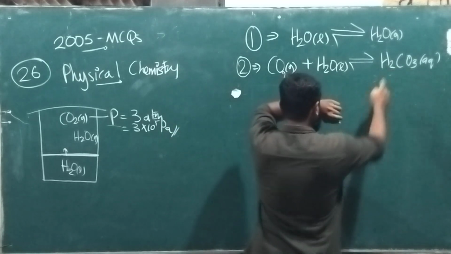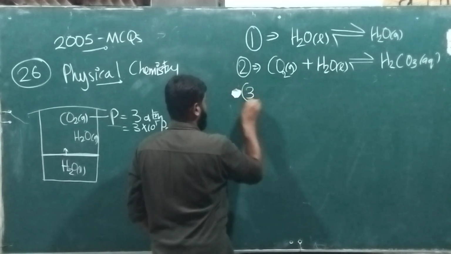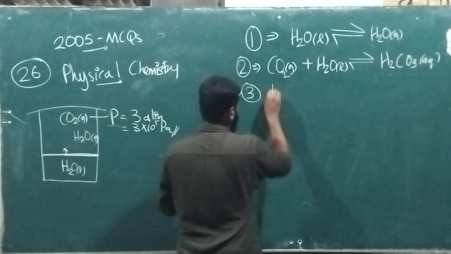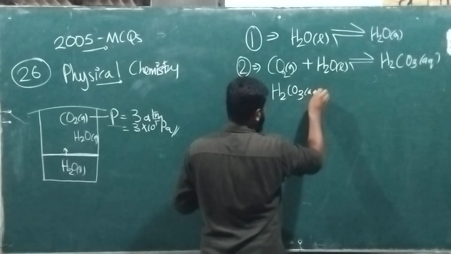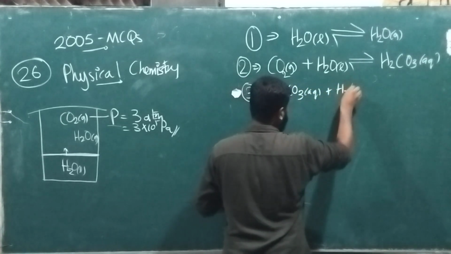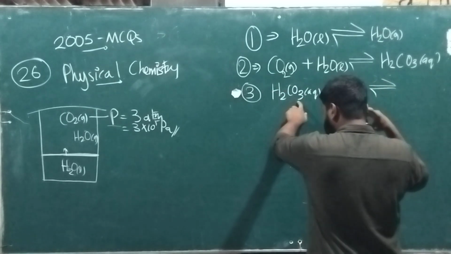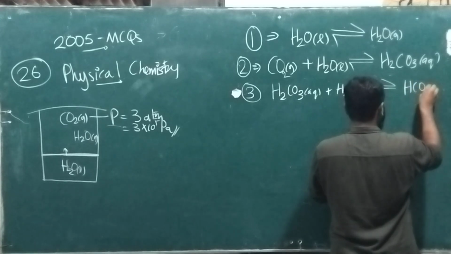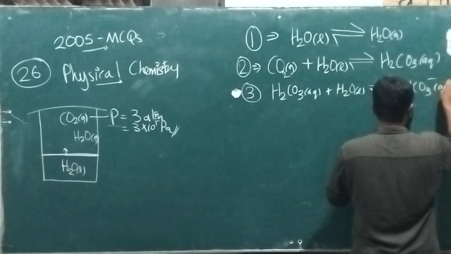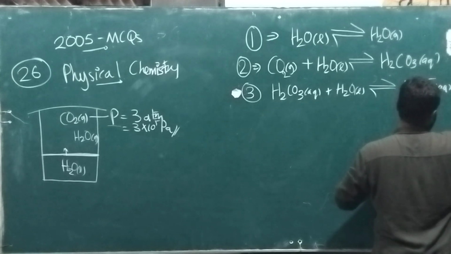Since carbonic acid is a weak acid, it will take the water molecule and go under partial reaction, forming bicarbonate ion plus 1 mole of hydronium ion.